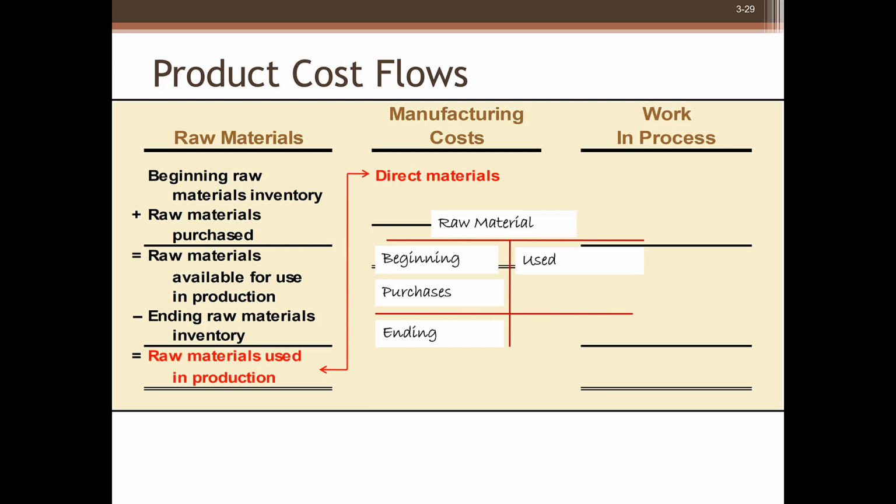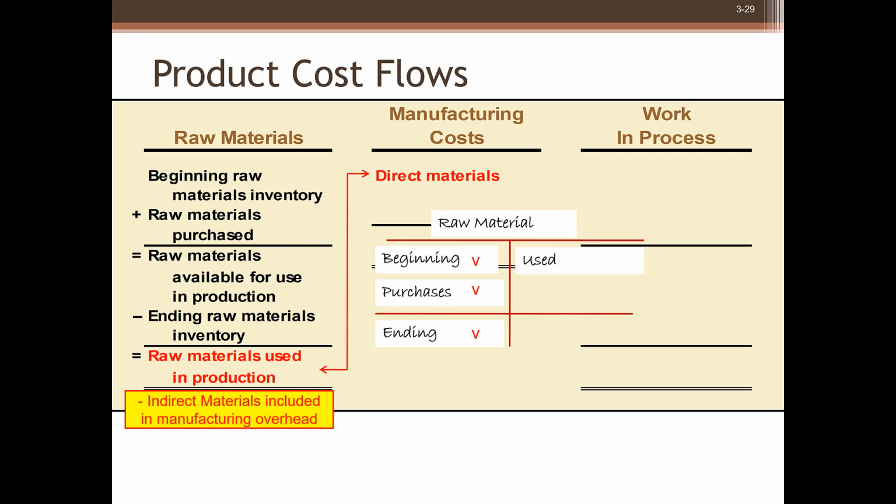Raw materials used in production, if that's direct materials, we include as manufacturer cost. We can also use a T account to show the process here. We have beginning plus purchases minus ending. You can get the amount of used raw materials.